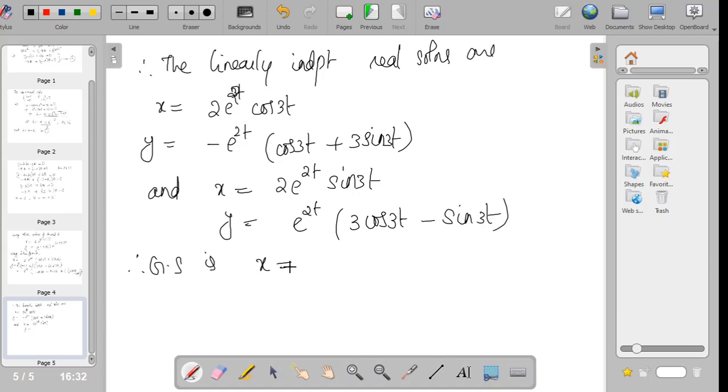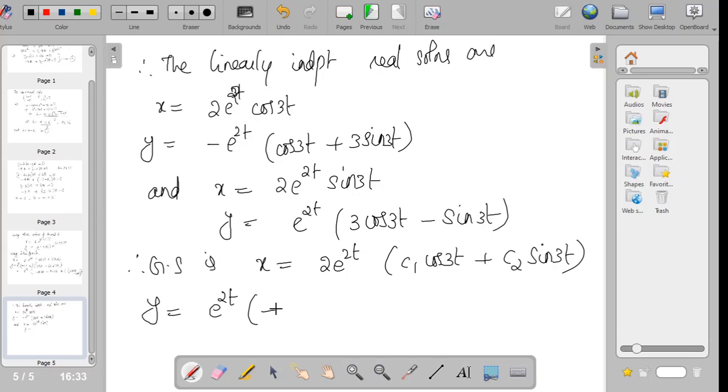So the general solution is x equal to 2 e raised to 2t (c1 cos 3t plus c2 sin 3t), and y will be equal to e raised to 2t into (minus c1 (cos 3t plus 3 sin 3t) plus c2 (3 cos 3t minus sin 3t)).